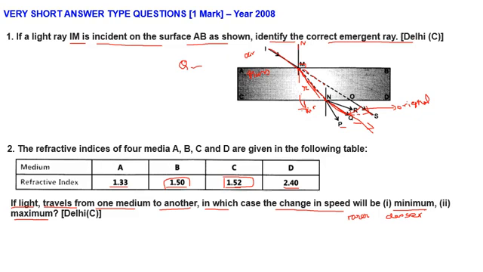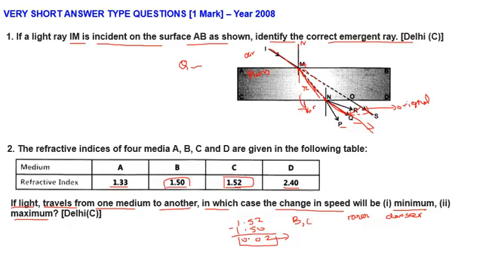The difference, 1.52 minus 1.50, is only 0.02. So there will be a minimum change in the speed between the two media B and C. So my first answer is B and C.